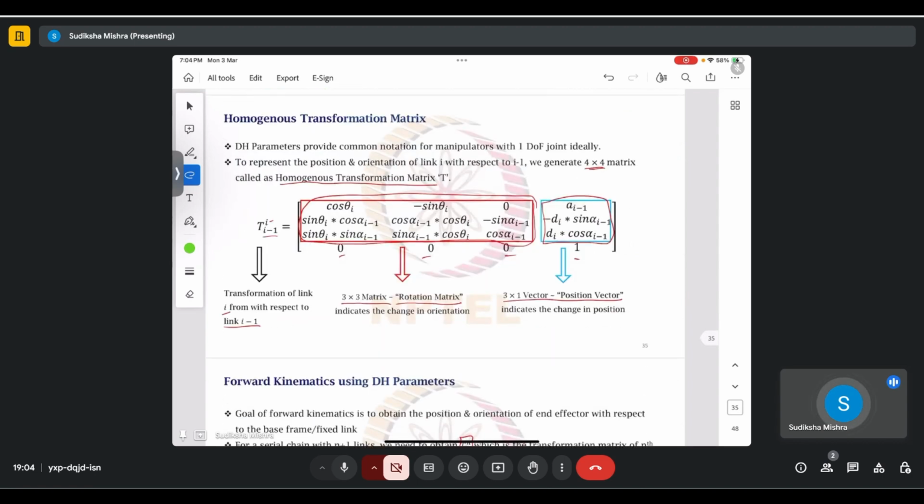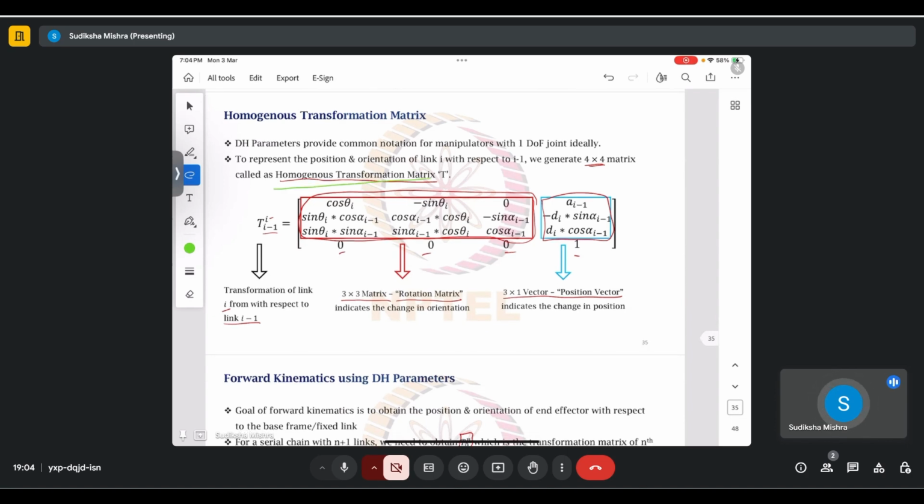Once you have the DH parameters, you can represent it using a homogeneous transformation matrix. Also, the assumption with DH parameters is it is for manipulators with 1 degree of freedom joints, ideally.